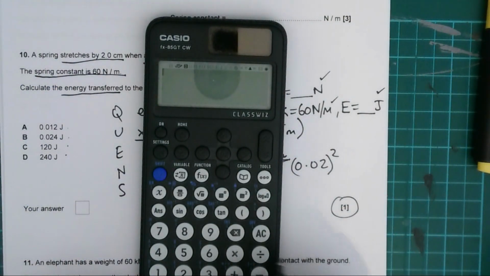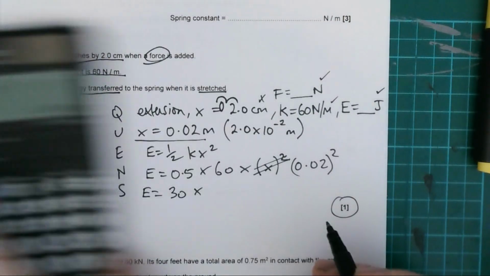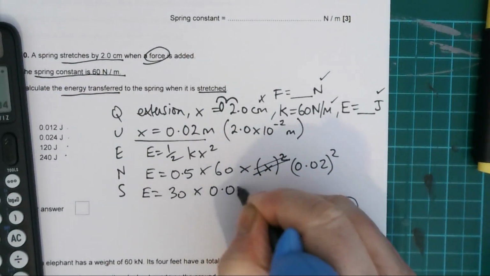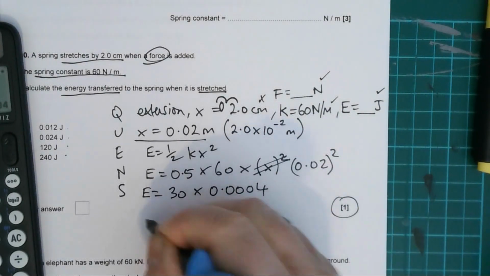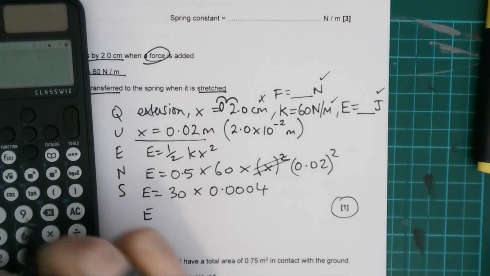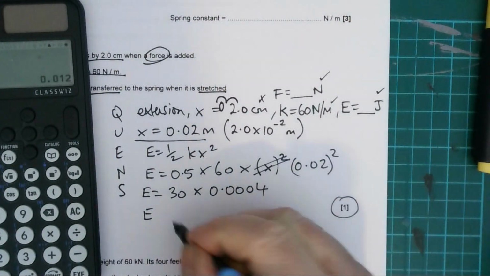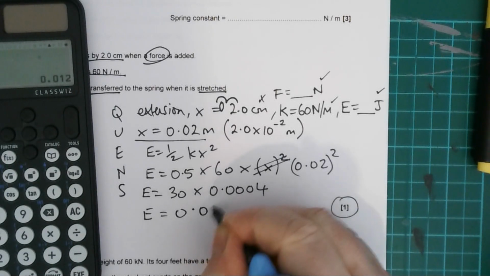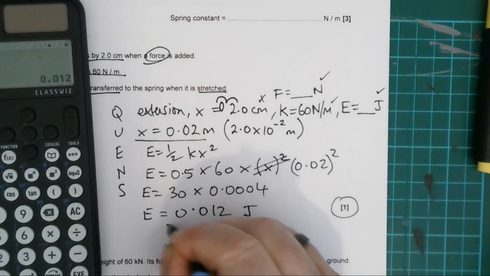Let's do this separately rather than try and tap it all in one go. 0.02 squared gives me 0.0004. Let's multiply my 0.0004 by 30, and I get 0.012 joules. That's a very small number.